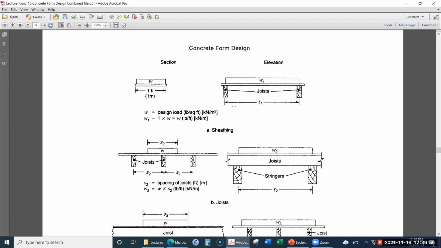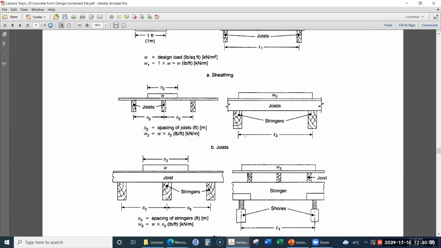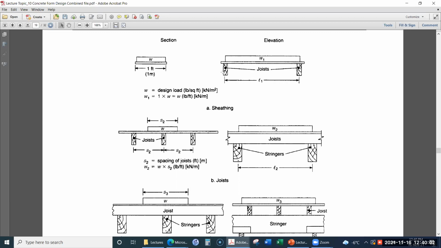Then we have the joists, which in turn are supported on the stringers. The stringers are also beams, but slightly larger than the joists. So this is the system: the sheets are supported on the joists, and the joists are supported on the stringers.